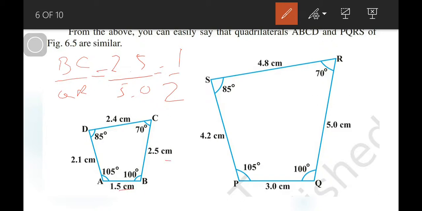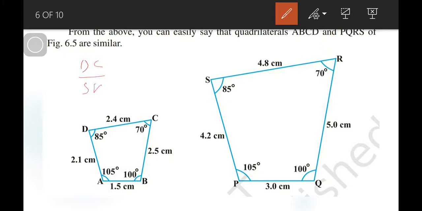Both ratios are equal. Now the third ratio, that is DC over SR, which is equal to 2.4 upon 4.8, which is equal to 1 over 2. It is also equal to this ratio.